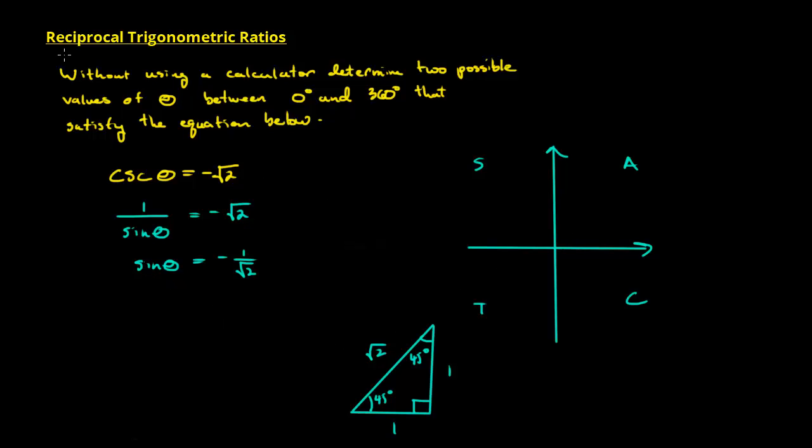Now, since 45 degrees is our reference angle, and our angle is either in the third quadrant or in the fourth quadrant, theta could be equal to 180 degrees plus 45 degrees, which is equal to 225 degrees, or theta is equal to 360 minus 45 degrees.